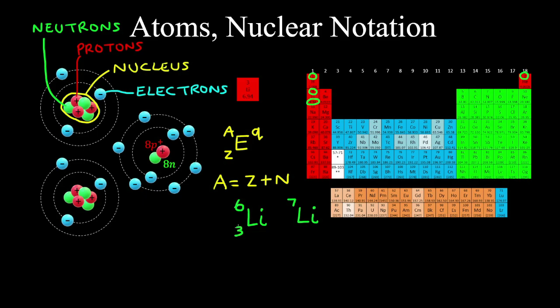So these isotopes have the same number of protons according to the atomic number, and therefore we can work out the number of neutrons for each isotope by subtracting the atomic number from the mass number. So this isotope of lithium has 3 neutrons, and this isotope of lithium has 7 minus 3, which is 4 neutrons. So isotopes of the same element have a different number of neutrons, but the same number of protons.